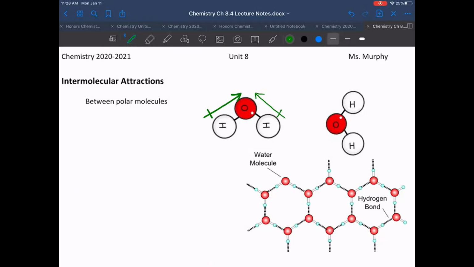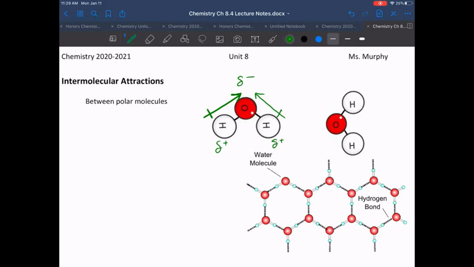So if the electrons hang out on oxygen the majority of the time, what charge do you think it'll get? A partial positive or partial negative? It's going to be a partial negative, because electrons are negatively charged, and if they spend more time on the oxygen, then it's going to give off this partial negative on that side of the molecule. So if this is a neutral molecule, what do you think that gives the hydrogens? Exactly, a partial positive.